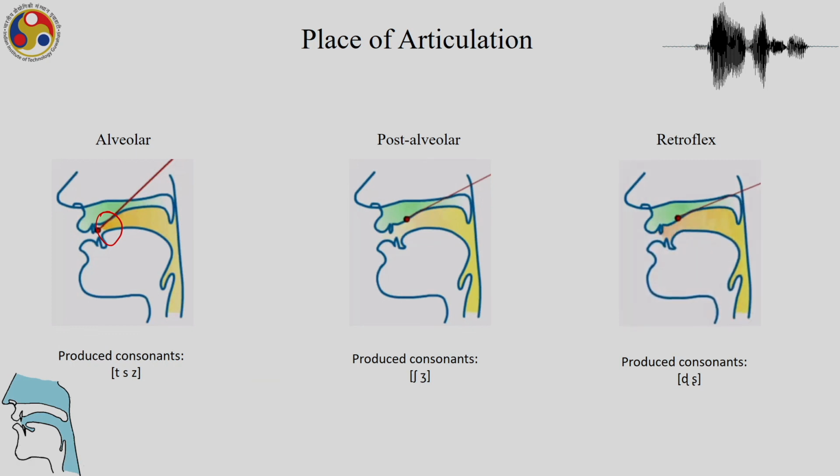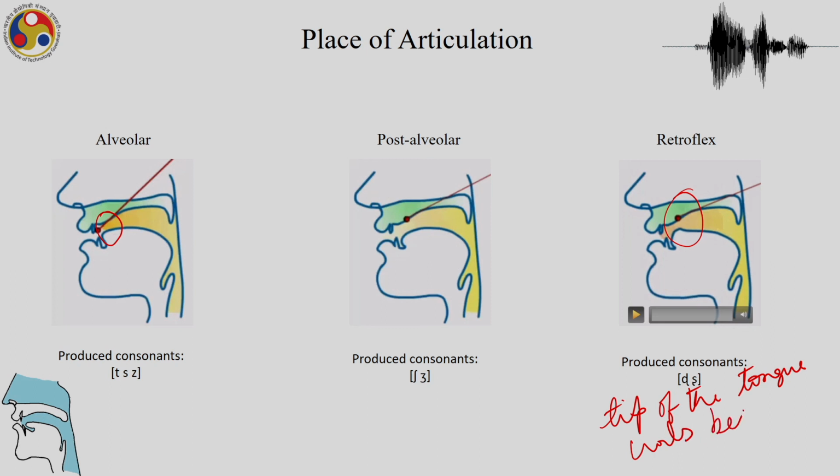What is unique about this movement is that we can see the tongue curls, so the tip of the tongue curls or becomes concave to produce an articulation like that of retroflex.